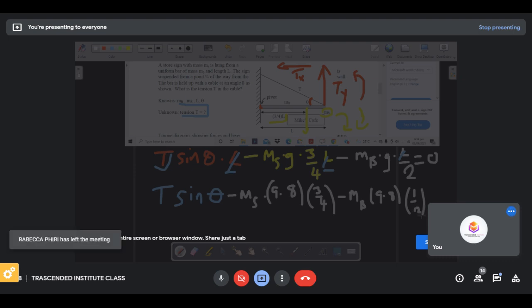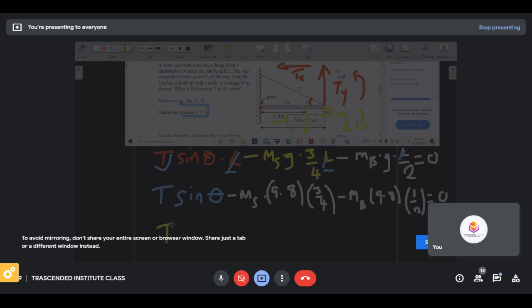Help me with the values. The first one is 7.35.